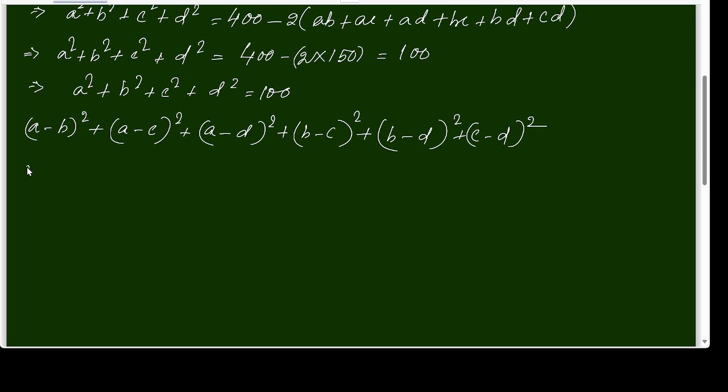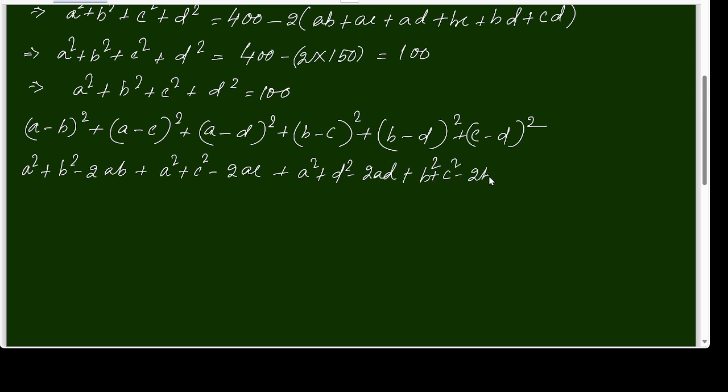So the first expression you will get is a square plus b square minus twice ab. Next is a square plus c square minus twice ac, plus a square plus d square minus twice ad, plus b square plus c square minus twice bc, plus b square plus d square minus twice bd, plus c square plus d square minus twice cd.